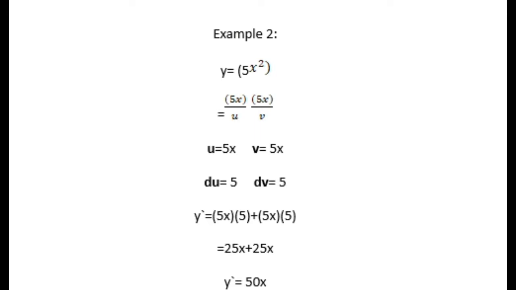Then distribute 5 times 5x is equal to 25x. Plus 5x times 5 is equal to 25x. So let's say the derivative of 5x squared is y prime equals 50x.